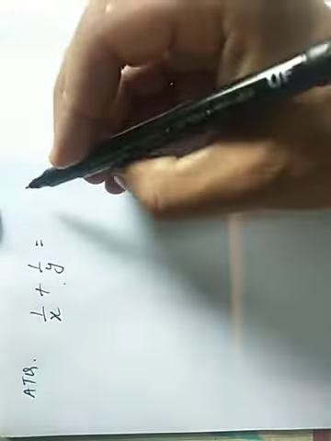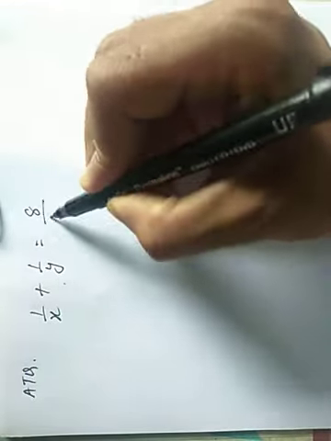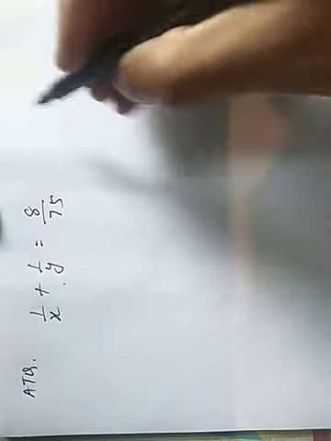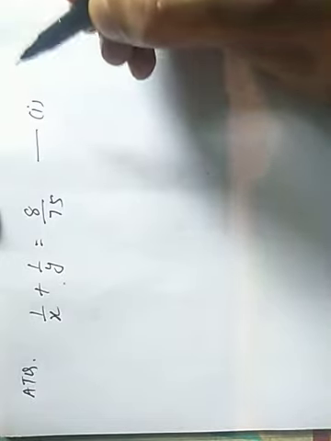Now according to the question, we will have 1 upon x plus 1 upon y is equal to 8 upon 75. Let it be equation number 1.